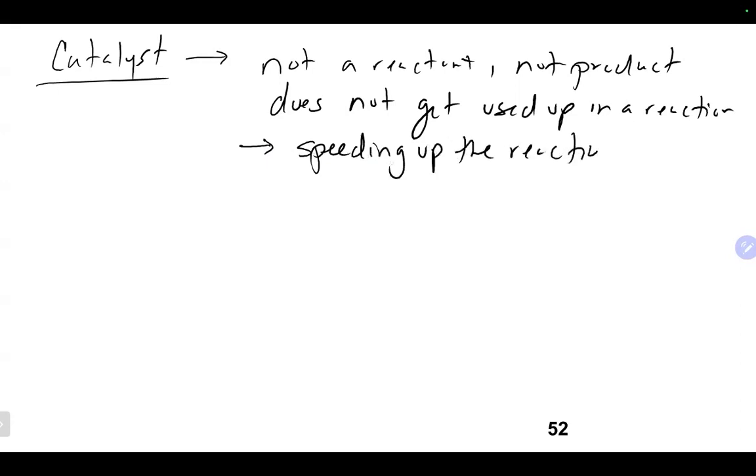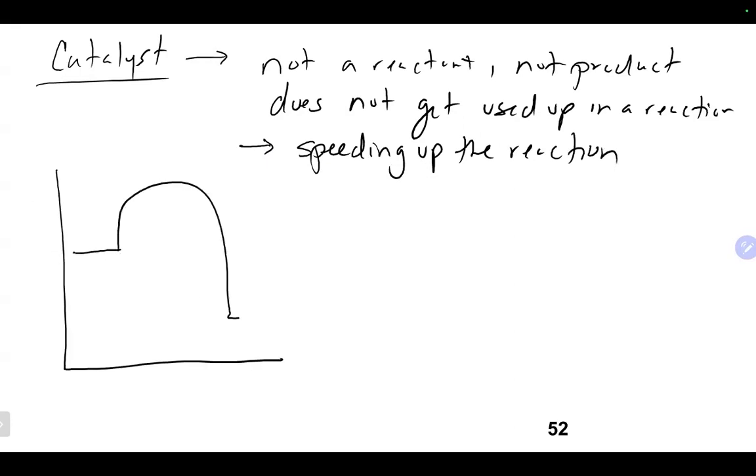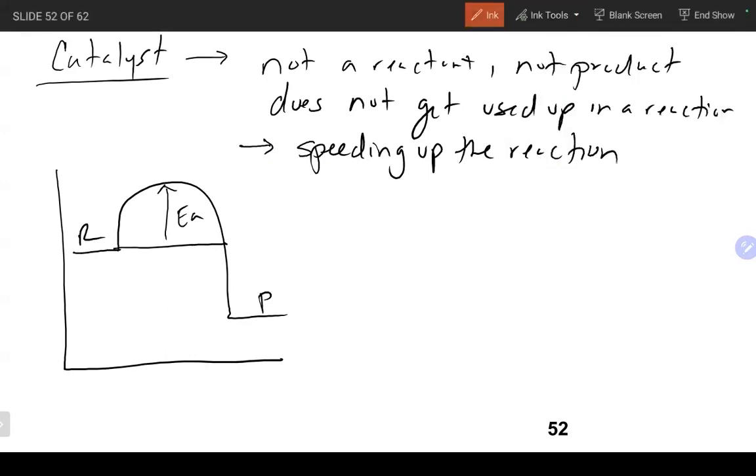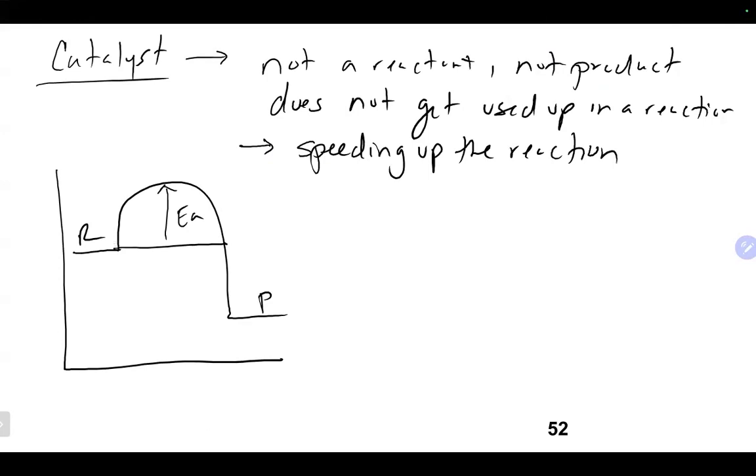And really how it does that is, as we talked about, every reaction has this activation energy between the reactants and the products. Again, it's that hill that the reactants have to climb to get to the products. By introducing a catalyst, it finds some alternative pathway, and what it essentially will do is lower that activation energy.